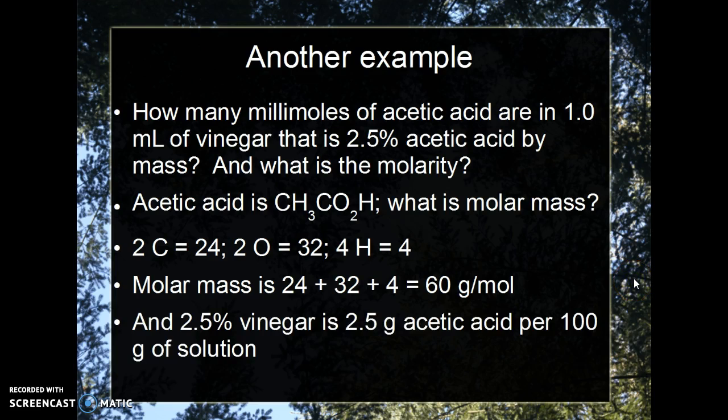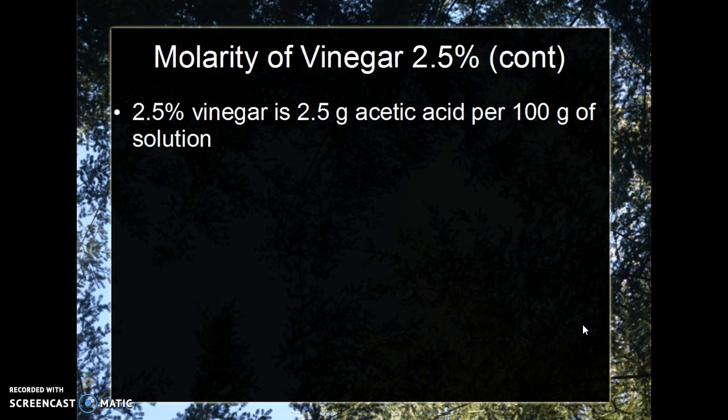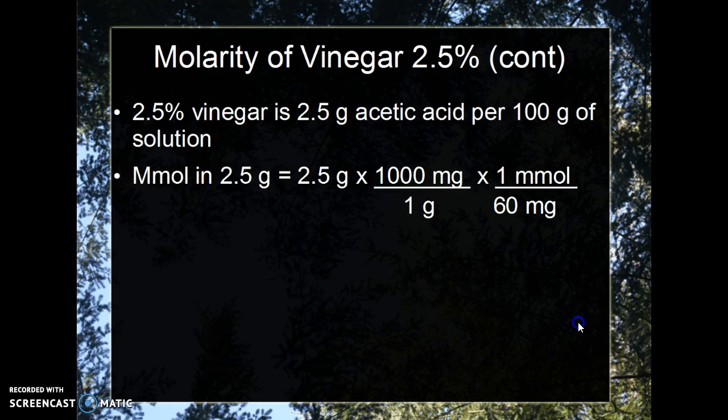Now 2.5% vinegar is a way of saying there's 2.5 grams of acetic acid per each 100 grams of solution. Let's go on with the molarity of the vinegar. 2.5% vinegar. Let's figure out what the molarity is.